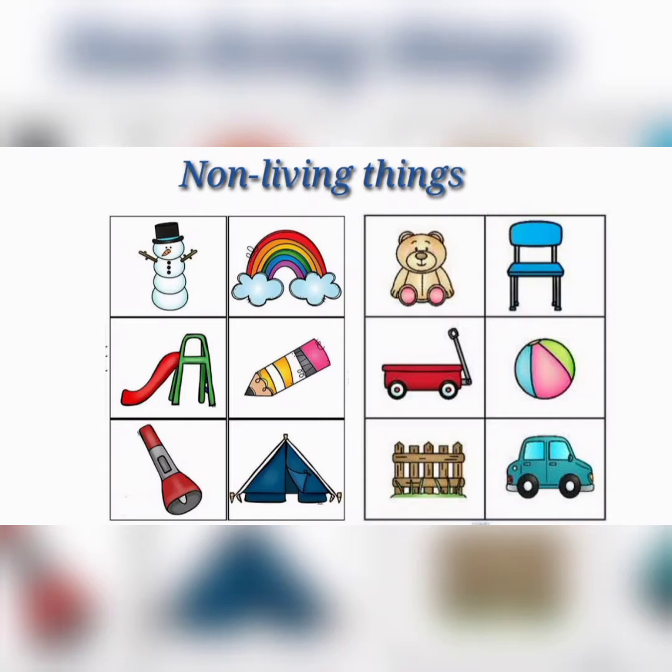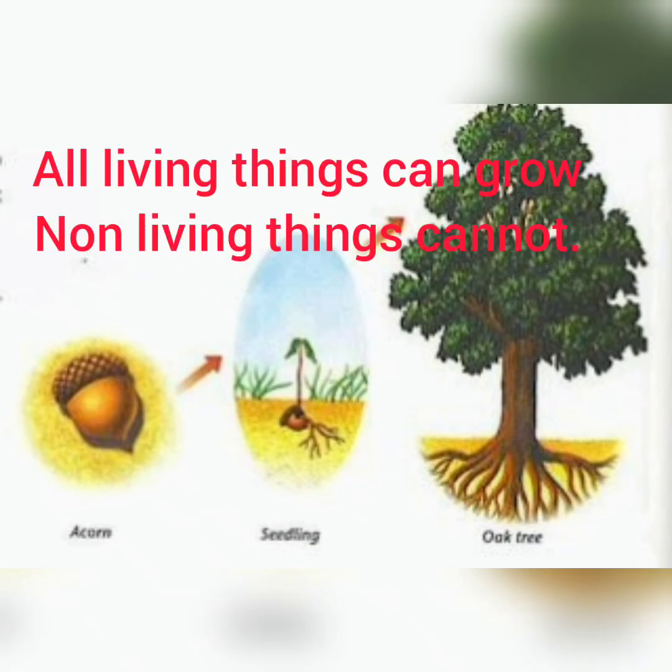Okay children, so all of you get ready for today's class. All living things can grow. The first point is all living things can grow, but all non-living things cannot grow.